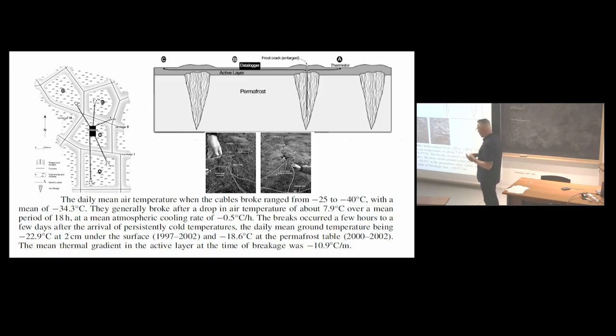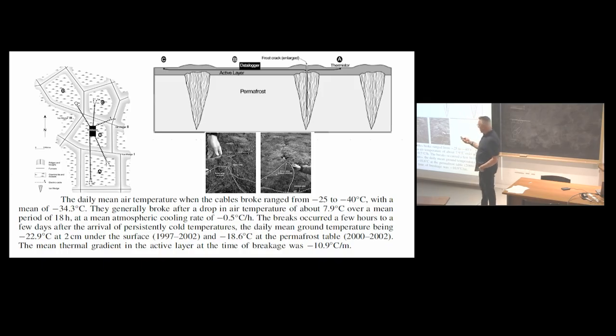When you have a drop in air temperature of about 8 degrees C, then it cracks. And then we measured the thermal gradient. You need about -11 thermal gradient in your active layer, and temperature at the top of permafrost there. So we know pretty much the conditions, how it works.